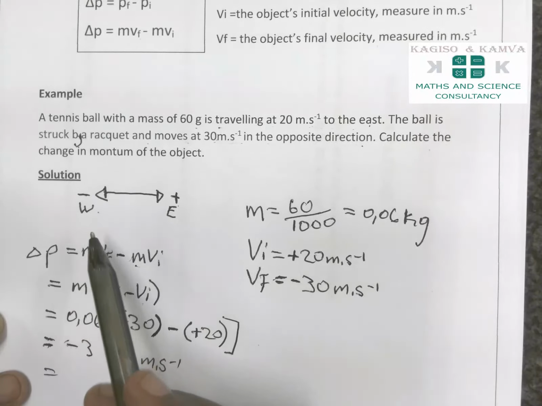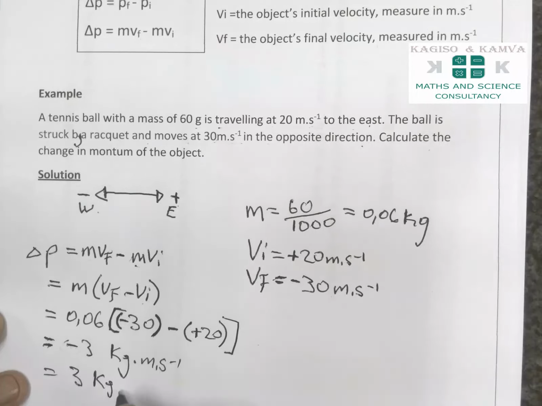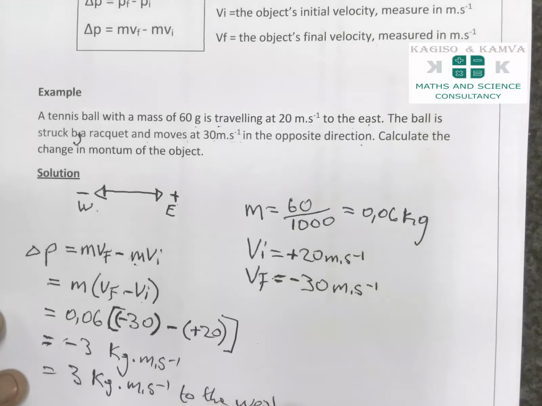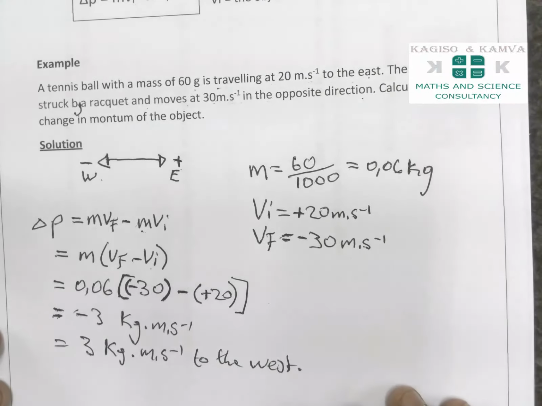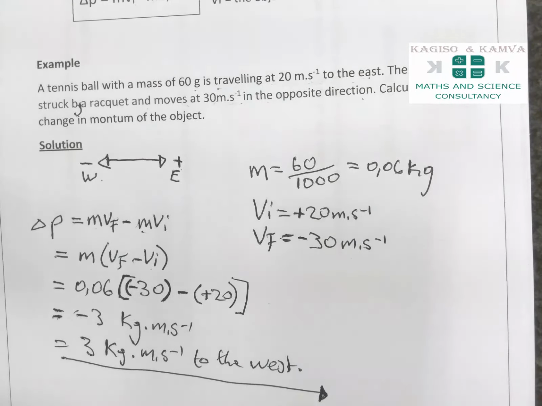It's towards the west. So this is going to be 3 kg meter per second to the west. This is our change in momentum.